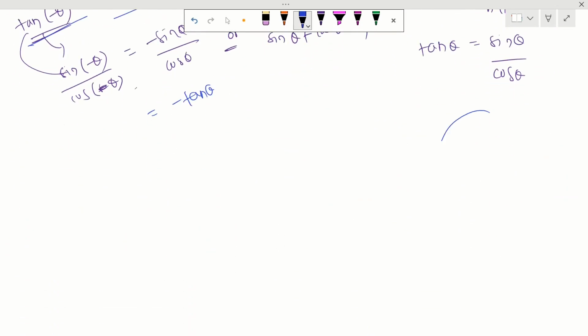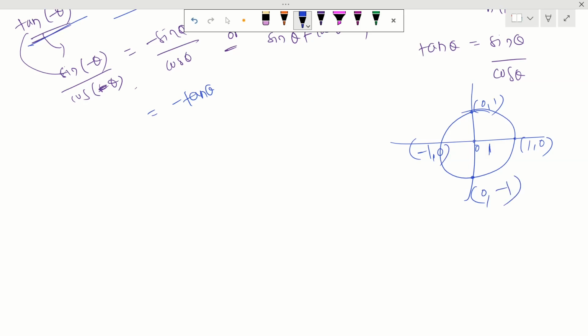I will write the coordinates separately in a circle. Suppose the radius is 1 unit, then here it is 1 comma 0, here it is 0 comma 1 because x is at the origin, so x is 0 and y is 1. Here it is minus 1 comma 0, and here x is 0 and y is minus 1.